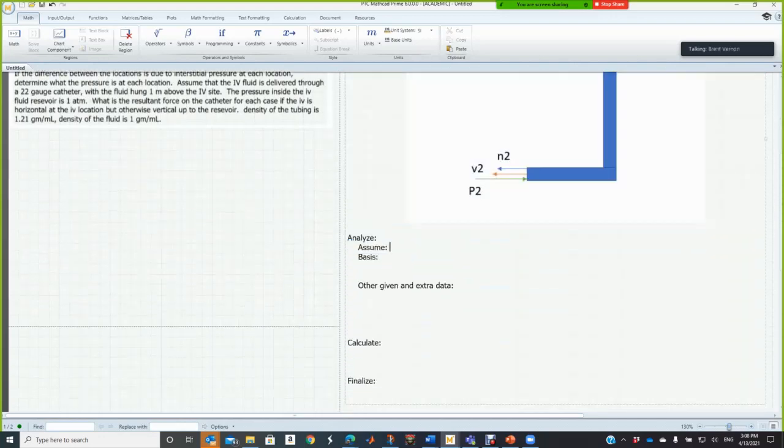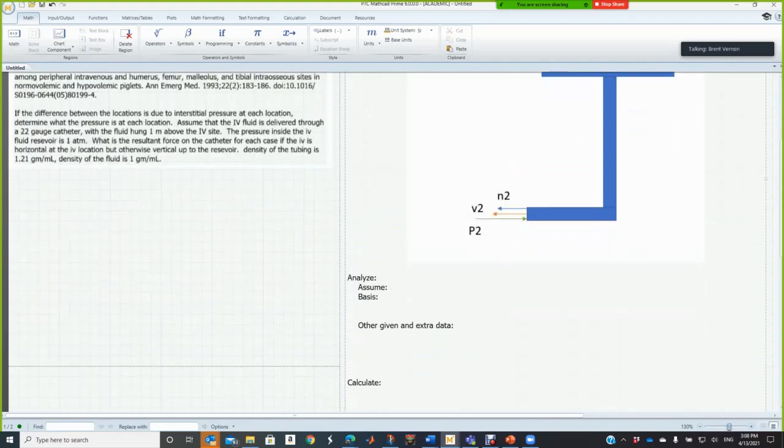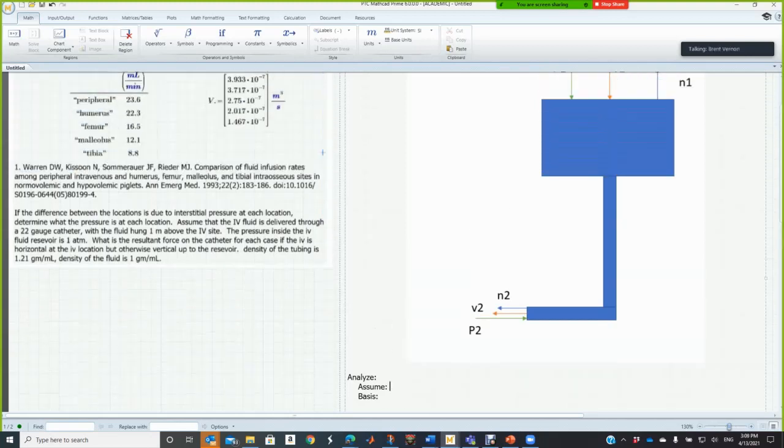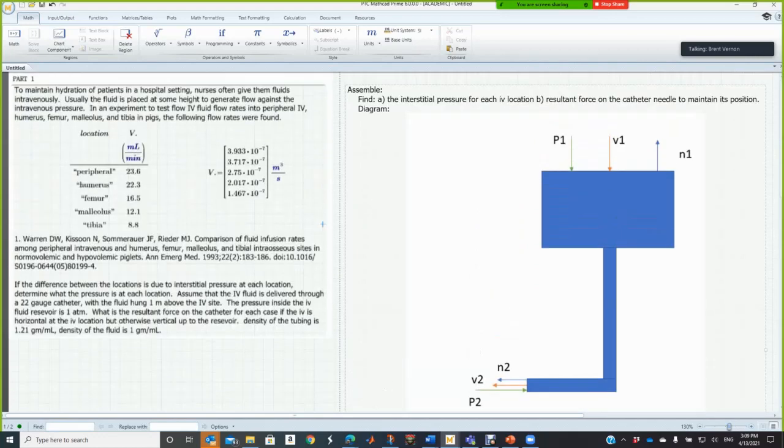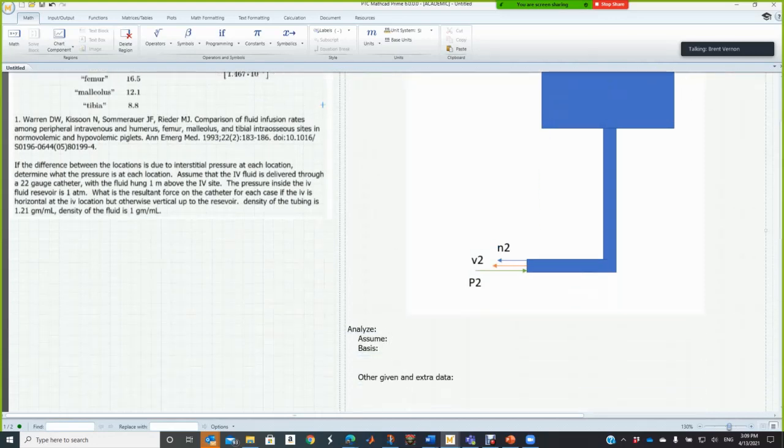So now we're going to make some assumptions here. Basically the system is this junction, the transition from the IV bag to the tubing and the needle going out. So fluid enters from the rest of the IV bag into this system and then out. So this is an open system with material crossing system boundaries.